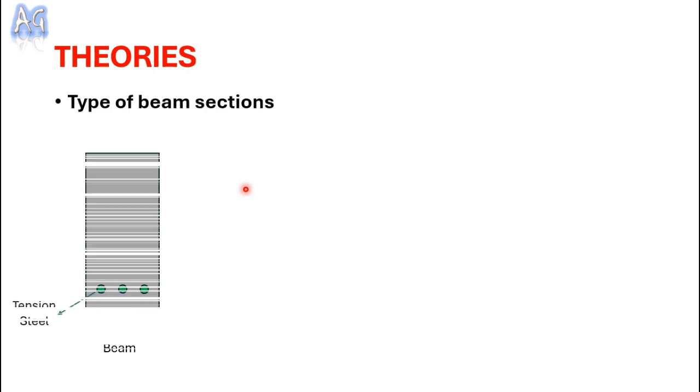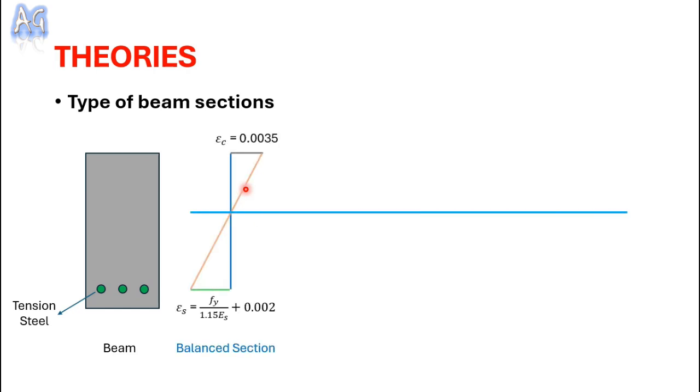Now let's see what are the different types of beam sections. So the first one is the balanced section. From this diagram you can see, whatever diagram I have drawn, the concrete and steel both have reached the maximum strain value, as we have just discussed, right?